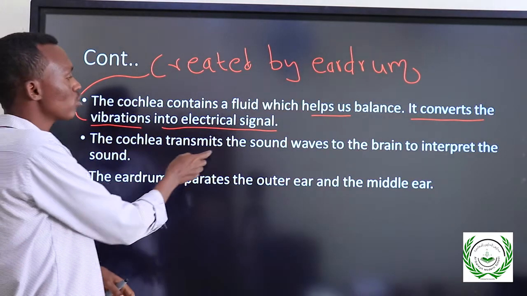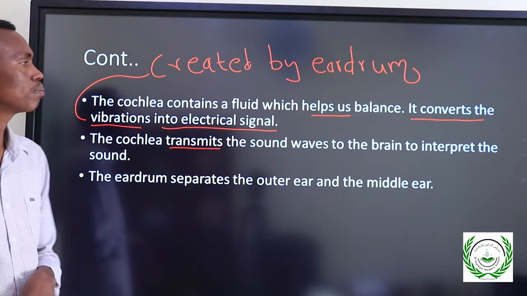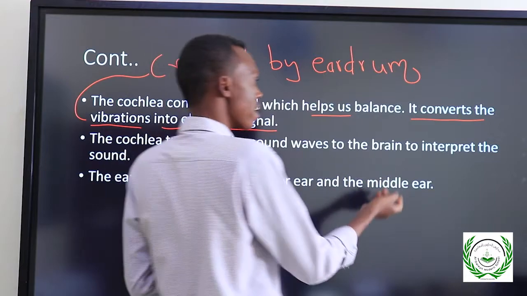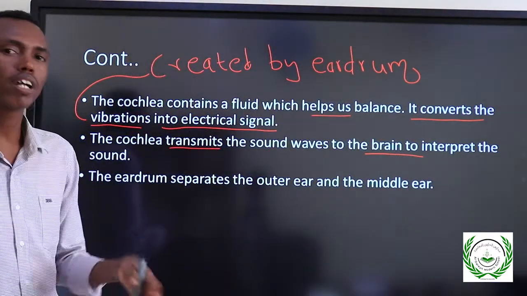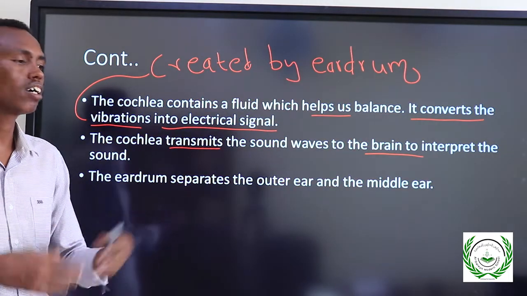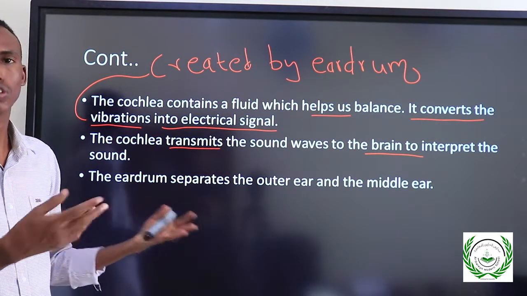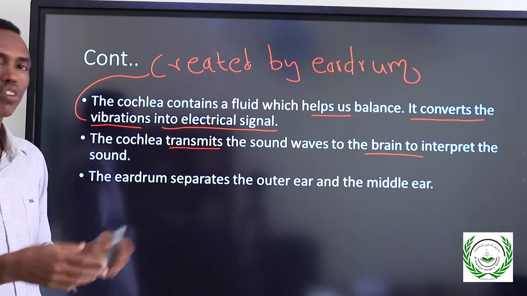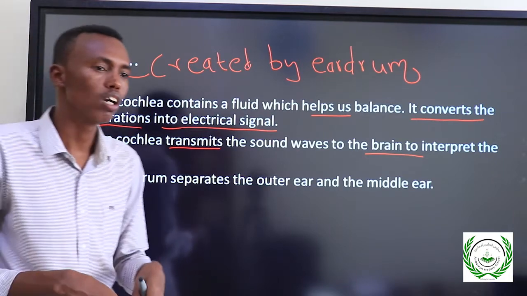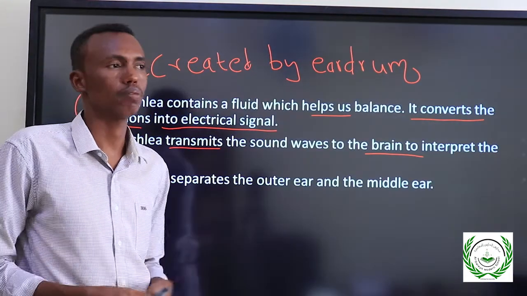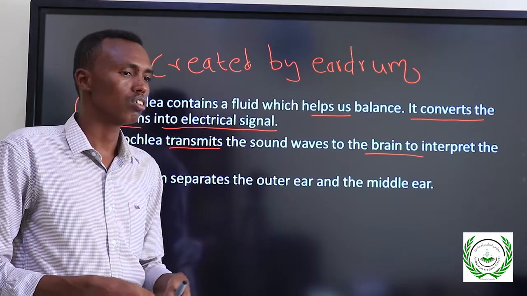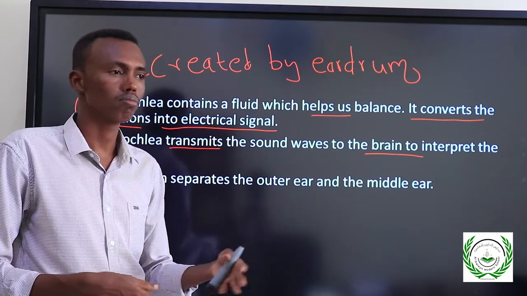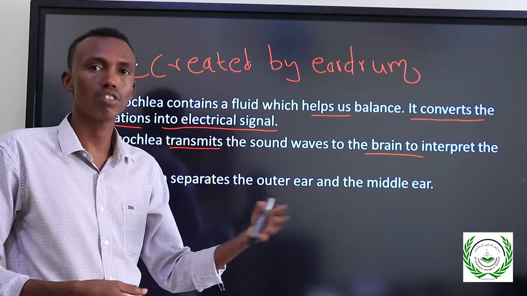The cochlea also transmits sound waves to the brain. So the brain then does the rest of the function to finally translate the information. What kind of sound are you hearing at that moment? For example, to differentiate your friend from a crowd of people.